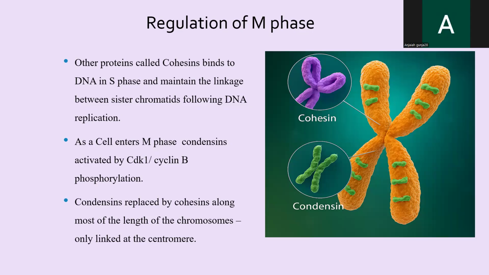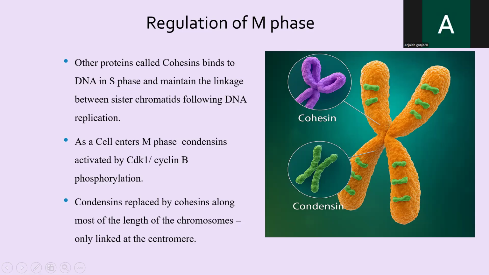You can see in the picture the condensins, which are in green color. What they will do is condense the chromosomes. You can see here these green parts will condense the chromosomes. In the middle we have cohesins, and we also have the centromere. This is the sister chromatid, but before the formation of sister chromatids, the two are attached by these cohesins.